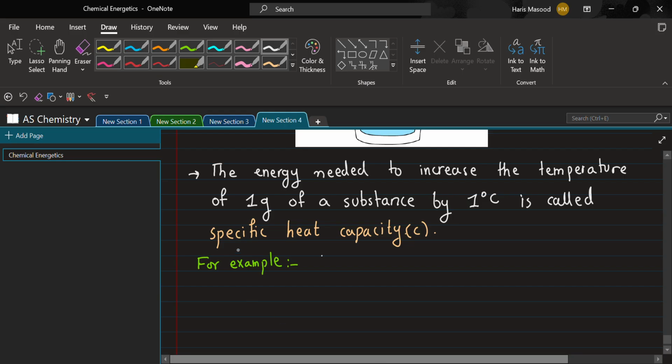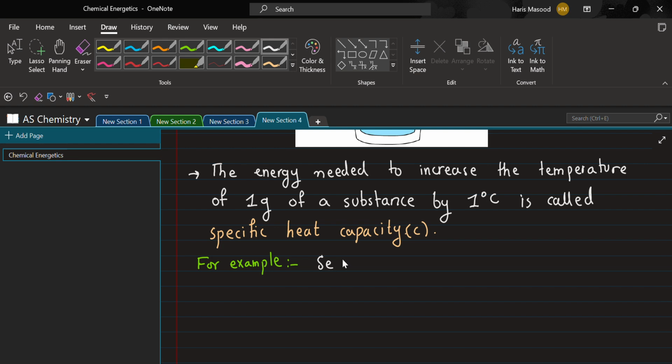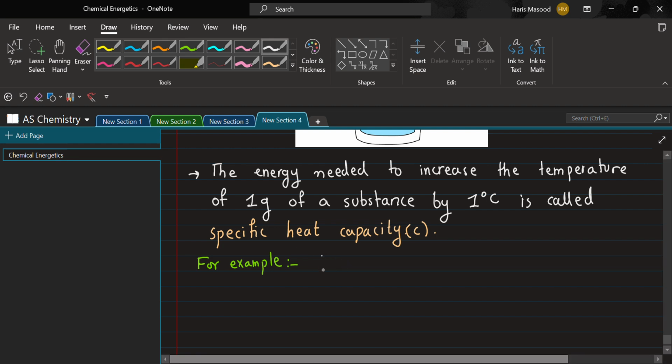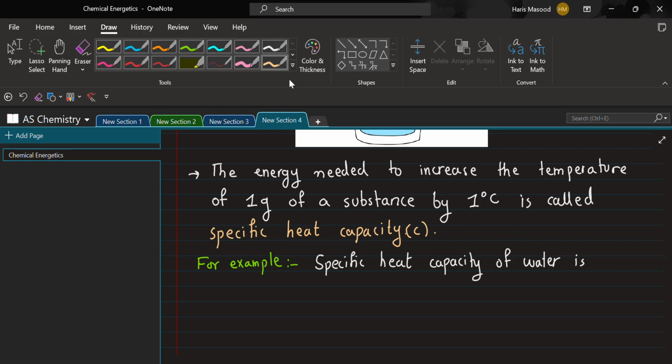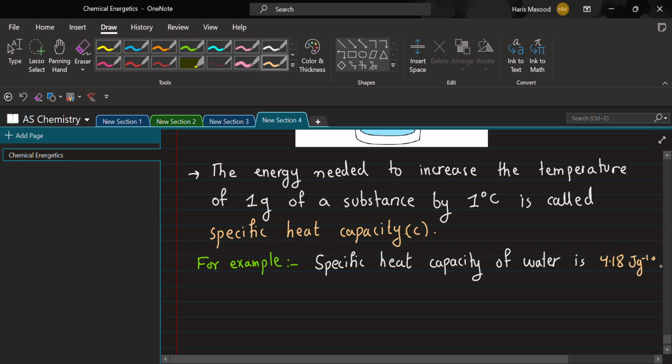Sorry, I said 4.81, yeah, 4.18 joule per gram per degree centigrade.